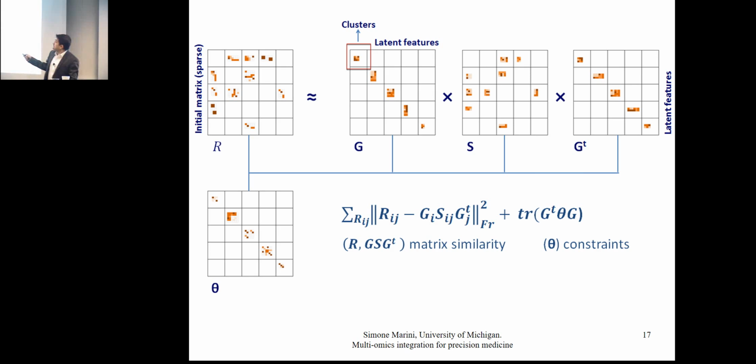So here we have the initial matrix, and well, if I let the machine crunch the numbers for a while, I can come up with 3 other matrices, G, S, and G transpose, that multiplied together will give me back this initial matrix.